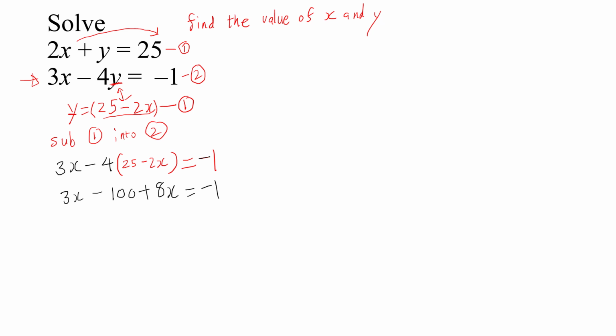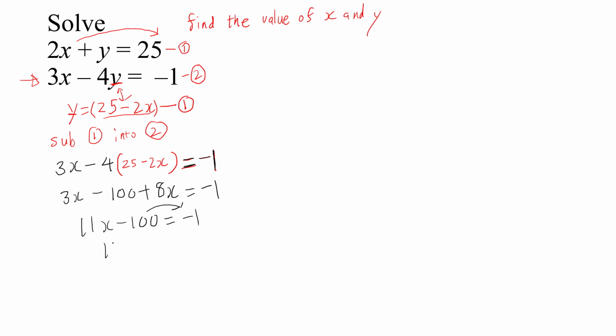Okay, I should have used a black ink for this. Okay, now it is correct already. Then we continue simplifying. 3x plus 8x, I get 11x minus 100 equals to negative 1.